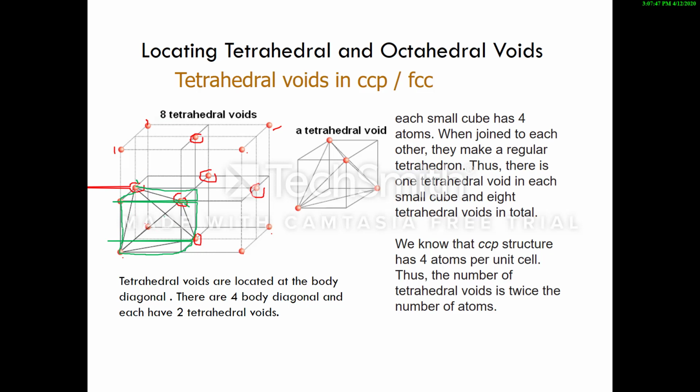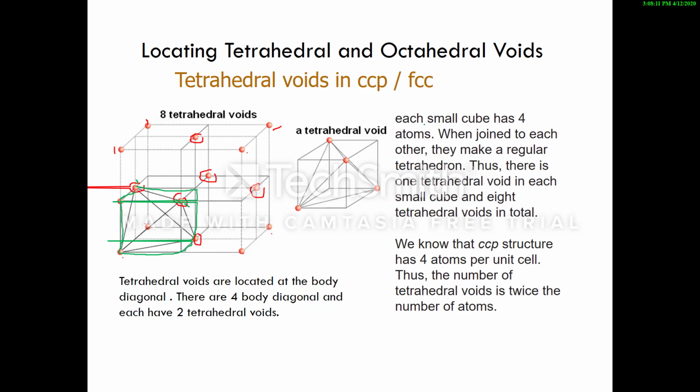And in the tetrahedral structure, in the center of this tetrahedral, this is a vacant space. So we can say there is one tetrahedral void in each small cube, and there are 8 small cubes. So we can say there are 8 tetrahedral voids in total.